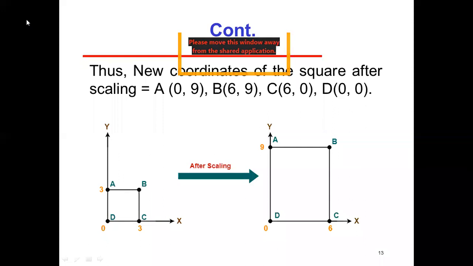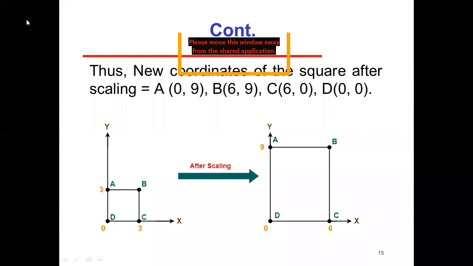Now the question arises whether we are applying the transformation in a 2D plane or a 3D plane. Till now we have studied only the 2D plane. For 3D, we will take more lectures on this same unit, using the same object but in the 3D plane.